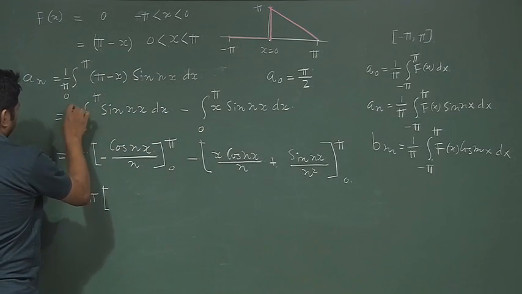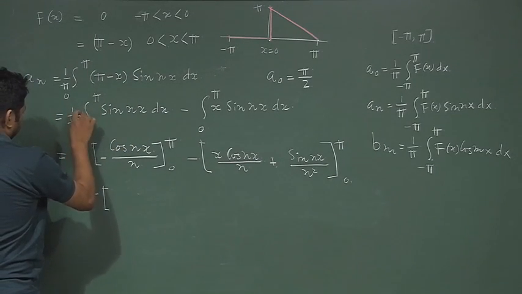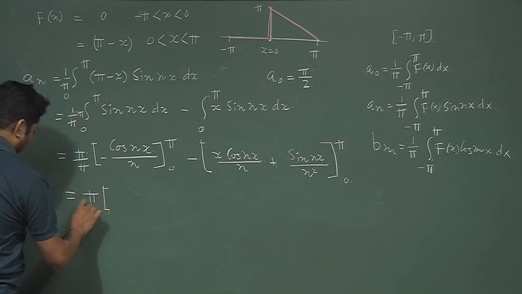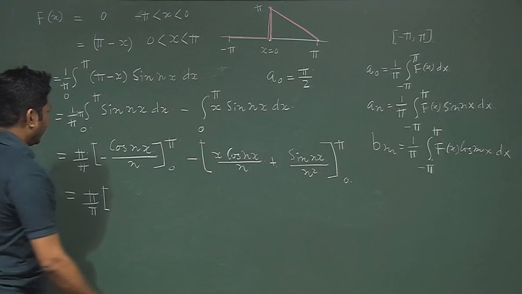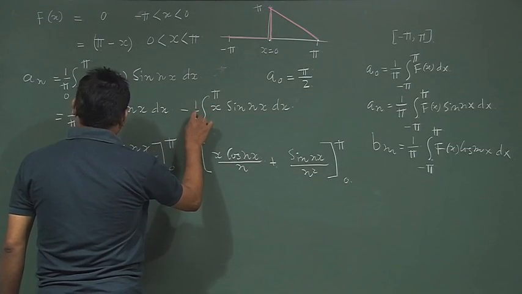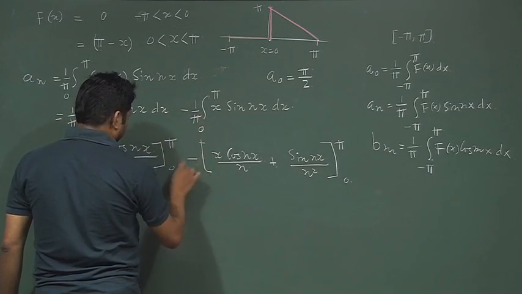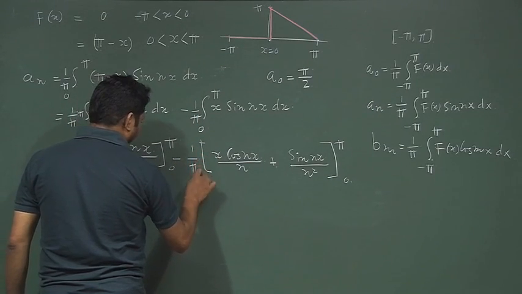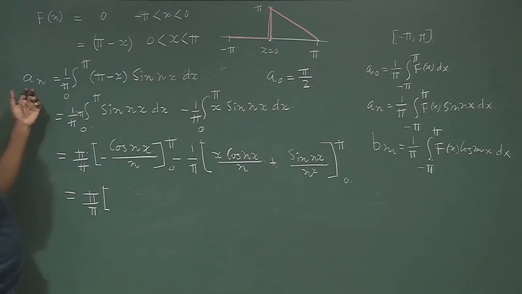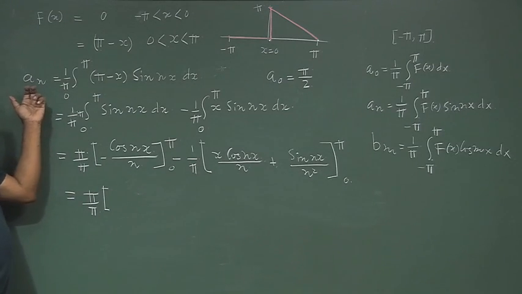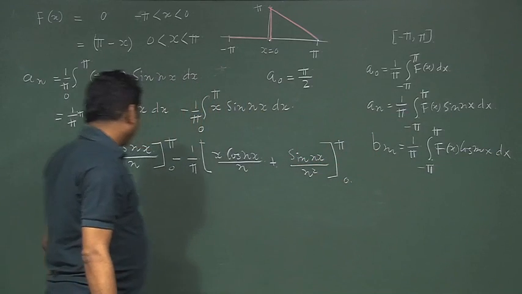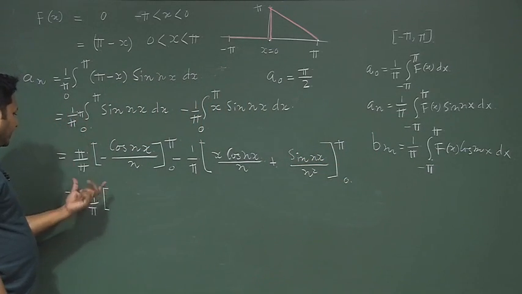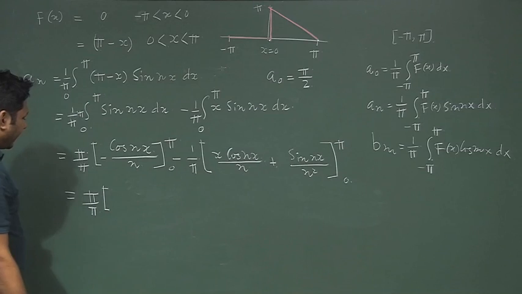I should not miss that pi, and also here 1 by pi should be there. You should be careful about this, because when I find a n, this a n value is associated with this formula. So, 1 by pi was already there, but when I was doing that I just missed it, but right now I find, okay, this 1 by pi is still there.